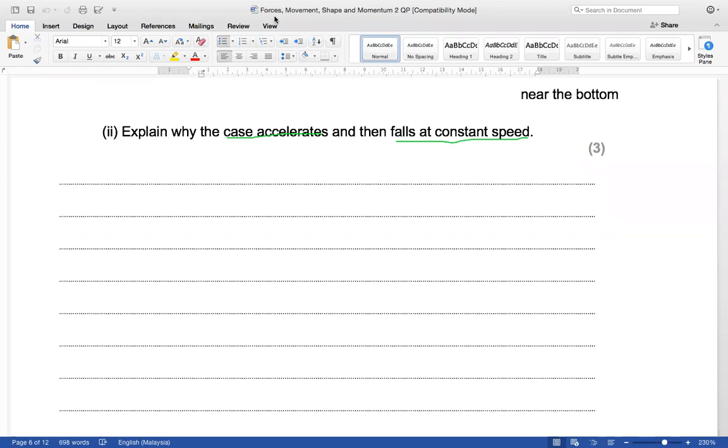The forces start getting balanced at the bottom. Eventually, weight is equal to drag. And therefore, there is no acceleration. Or you can say, and therefore, the speed is constant. I think that would be better. Or you can write both: there is no acceleration, the speed is constant.